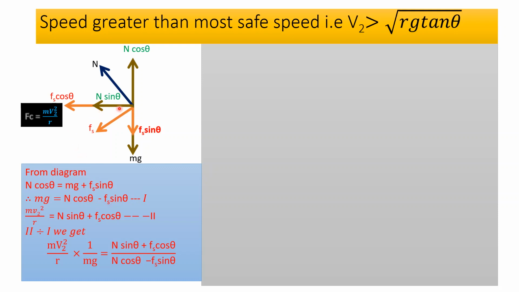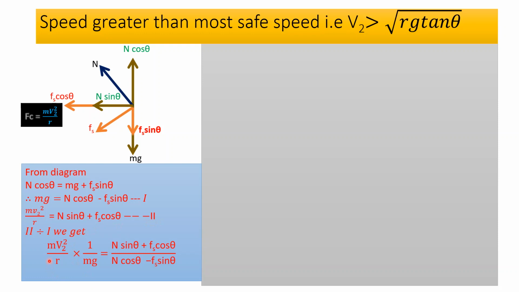Also, N sin theta and Fs cos theta are parallel to each other and they balance the centripetal force, and hence we can write equation 2 as m v square upon r is equal to N sin theta plus Fs cos theta. Divide equation 2 by 1.